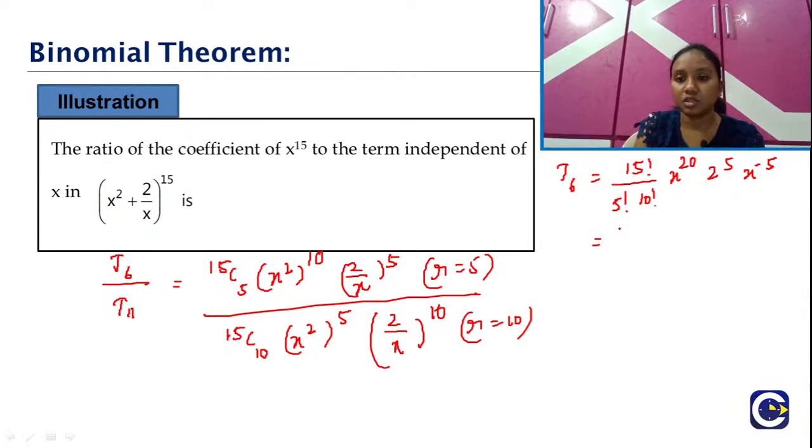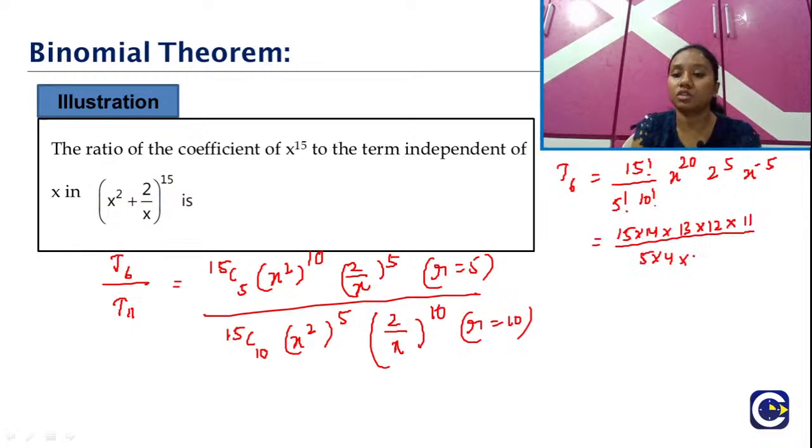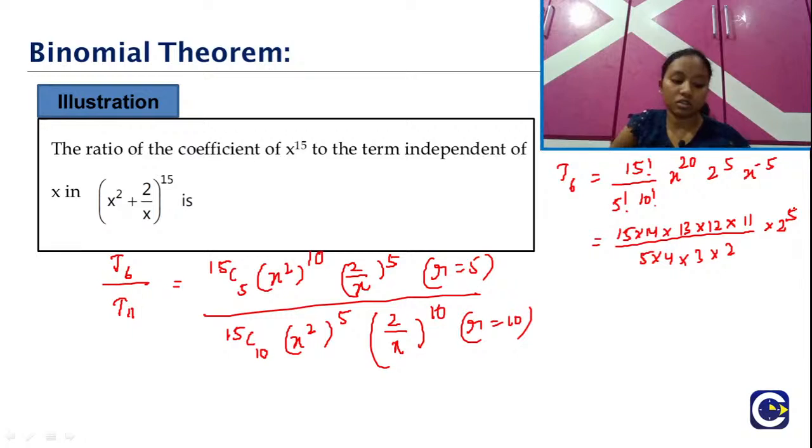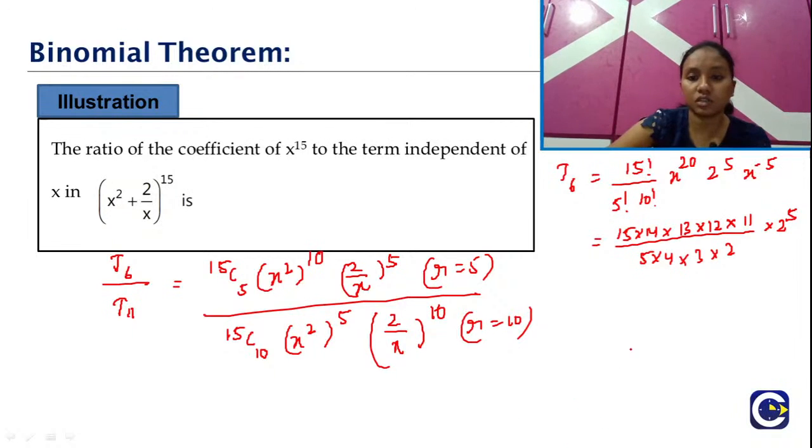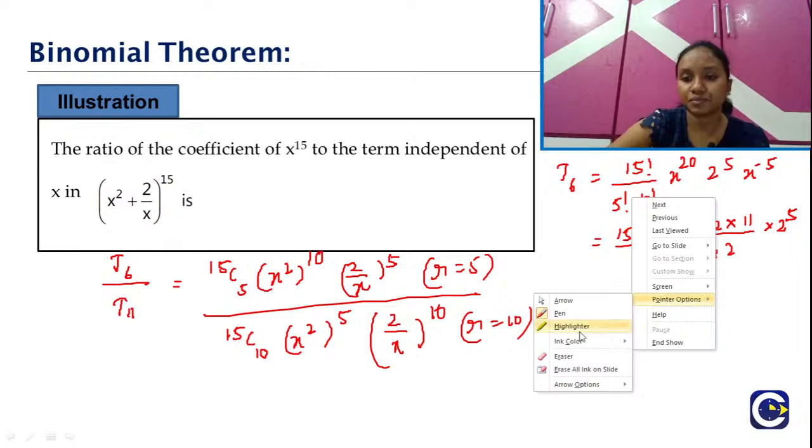That means 15 into 14 into 13 into 12 into 11 divided by 5 into 4 into 3 into 2 into 2 power 5. As we have to find only the ratio of the coefficients, it will be this.